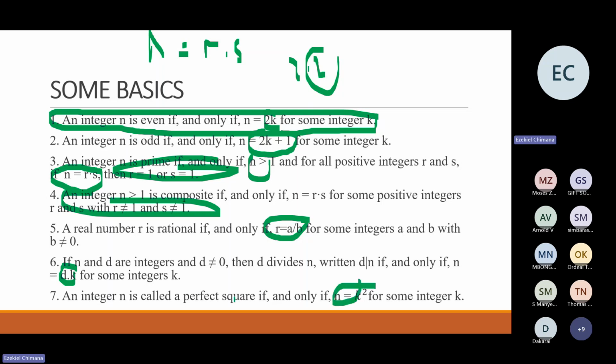Those numbers with perfect squares, like 4, the square root of 4 is 2. If it's 16, the square root of 16 is 4. So those are the numbers that you are looking at.